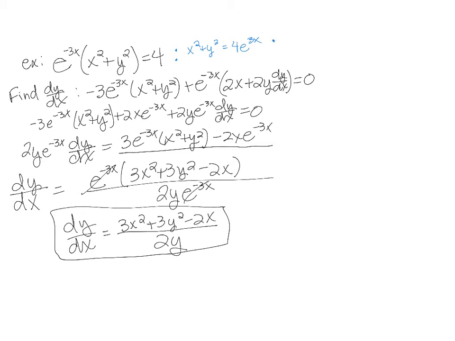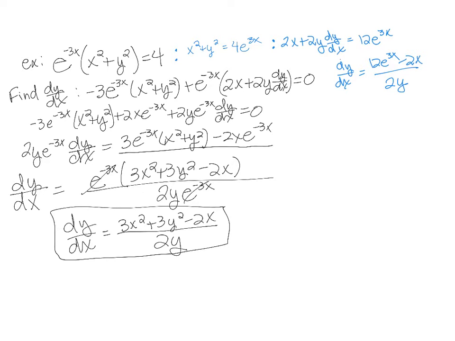If we take the derivative this way, don't forget to chain rule your y every time, equals 12e to the 3x. Notice that when I solve for dy dx here, I get 12e to the 3x minus 2x divided by 2y.